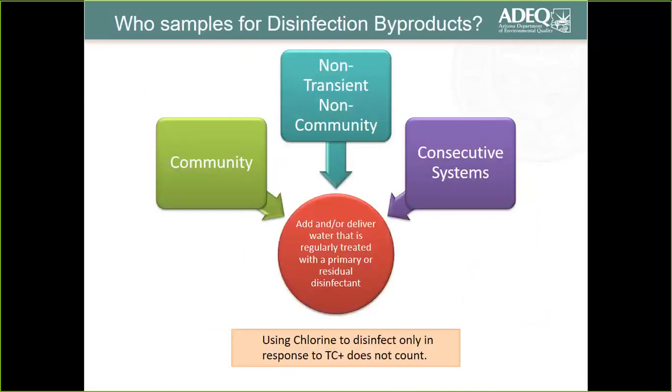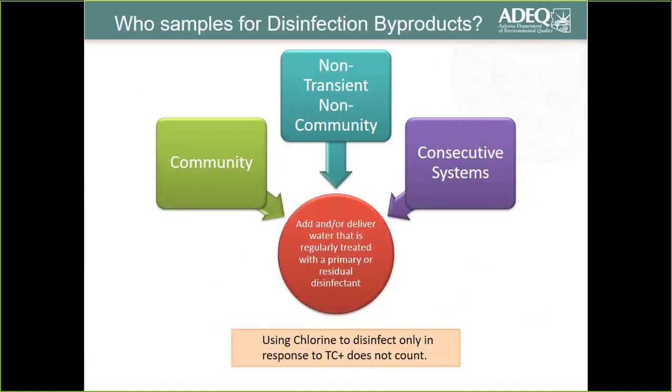So who samples for disinfection byproducts? Community water systems, non-transient, non-community water systems, and consecutive systems that either add or deliver water that is regularly treated with a primary or residual disinfectant have to sample for DBPs.